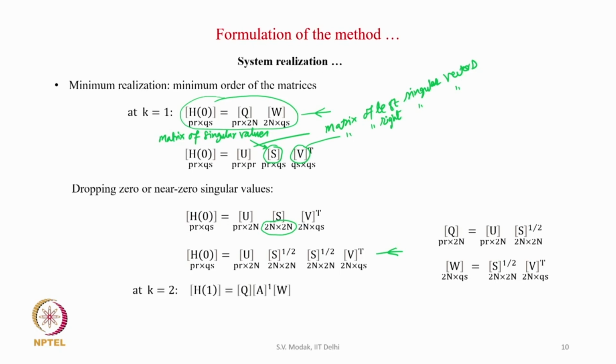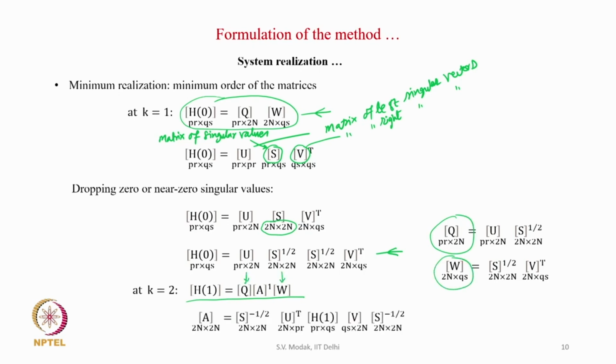Now similarly at k is equal to 2, we can write the expression for the block-Hankel matrix as H1 is equal to Q into A to the power 1 into W. And now we can substitute Q and W from these expressions. When that is done, we get this expression after shifting all the matrices other than A to the other side of the equation.